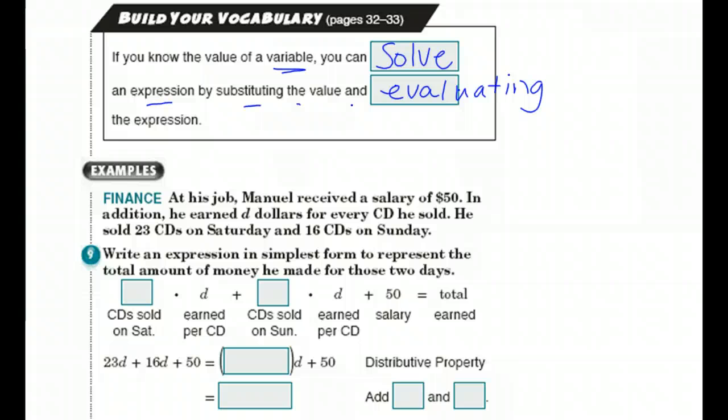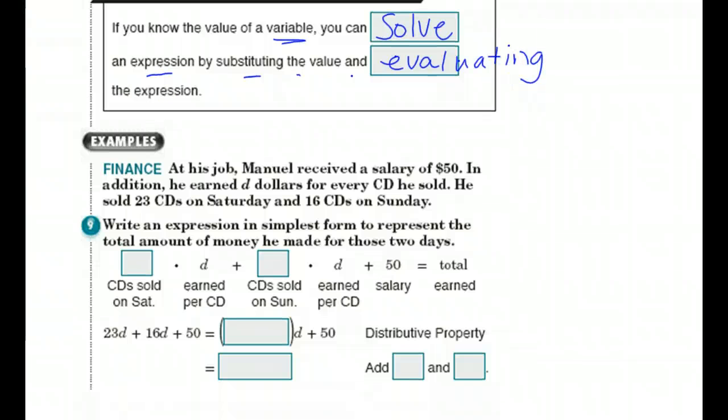So it says, at his job, Manuel received a salary of $50. In addition, he earned $D for every CD he sold. He sold 23 CDs on Saturday and 16 CDs on Sunday. Write an expression in the simplest form to represent the total amount of money he made for those 2 days.